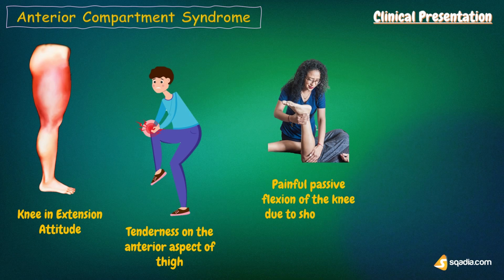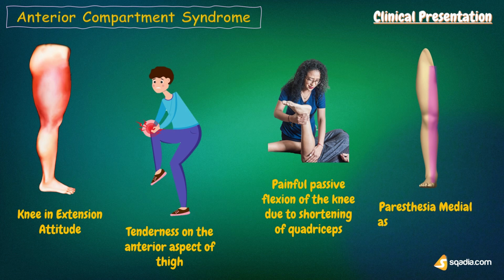This is because the quadriceps muscle is being stretched out after being extended for a long period of time. Weak extensor muscle leads to weak extension at the knee joint. And paresthesia refers to abnormal sensations in the skin, such as tingling, numbness, or burning, over the medial aspect of the knee, leg, and foot.